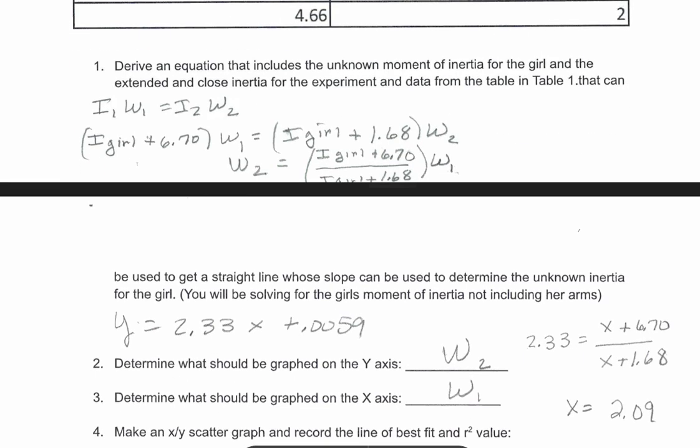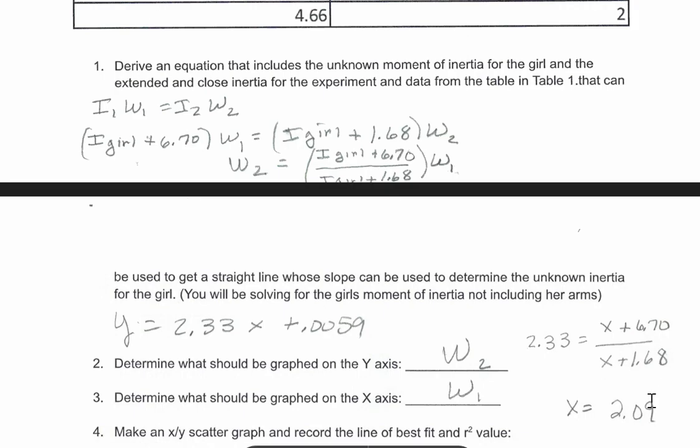Okay, and then I graphed omega 2 on the y-axis and omega 1 on the x-axis, so that I could get a line of best fit to the data, and that's what it is by regression analysis. The slope then is 2.33, which will equal the moment of inertia of the girl isolated out as x, plus her arms extended, divided by the moment of inertia of the girl plus her arms closer to her body.